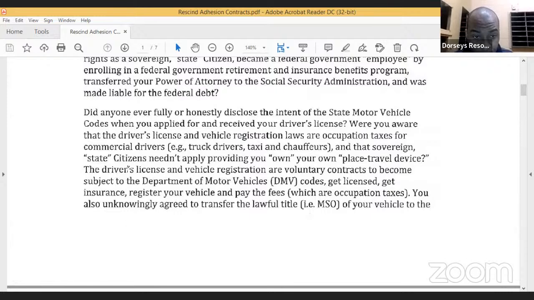So next paragraph: did anyone ever fully or honestly disclose the intent of the state motor vehicle codes when you applied for and received your driver's license?